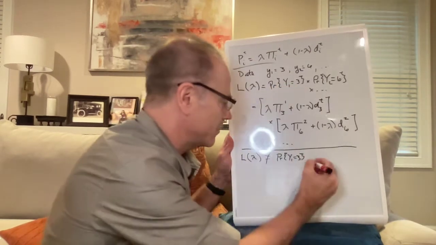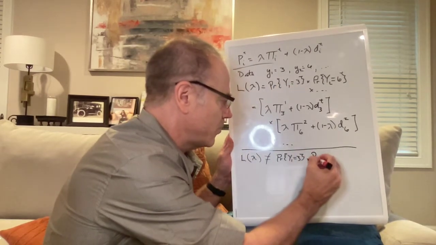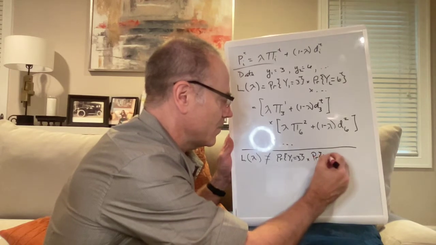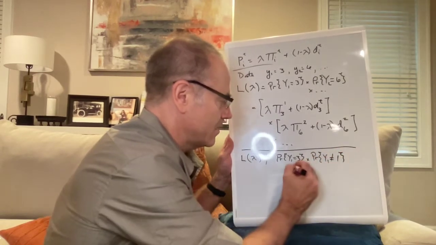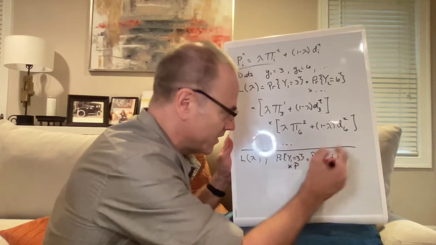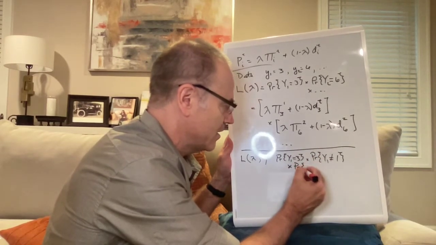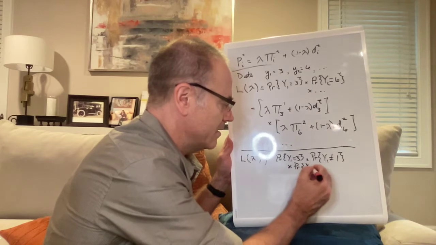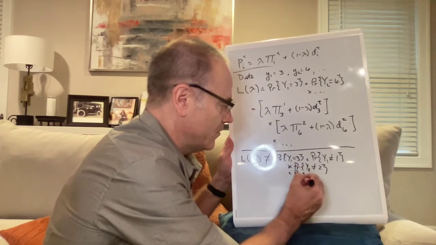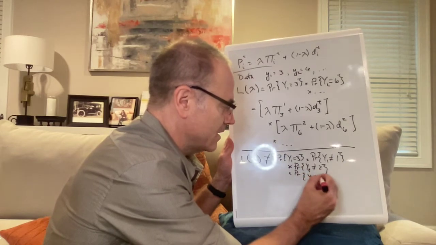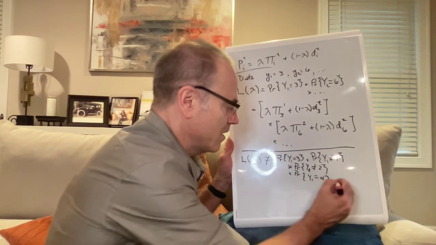So observation 1 equals times probability y1 does not equal 1 times probability. This is observation 1. Probability y1 does not equal 2 times probability y1 does not equal 4, and so on.